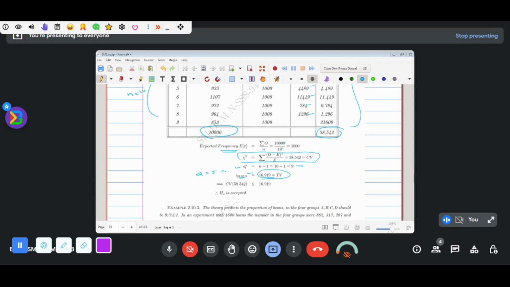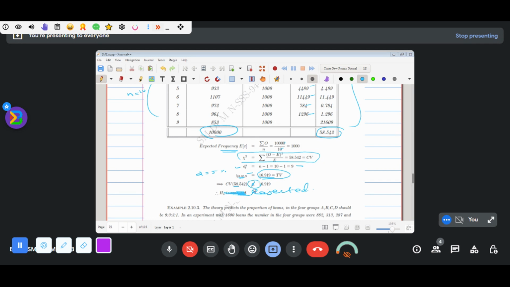Now consider the table value and calculated value. If the calculated value is less than or equal to the table value, the condition is satisfied, meaning accepted, otherwise rejected. Here it is rejected, because 58 is not satisfied. Maybe it is a typing or book print mistake, please replace this one.